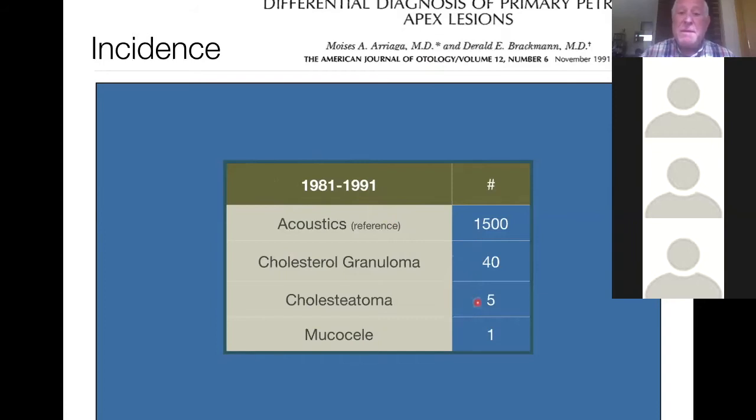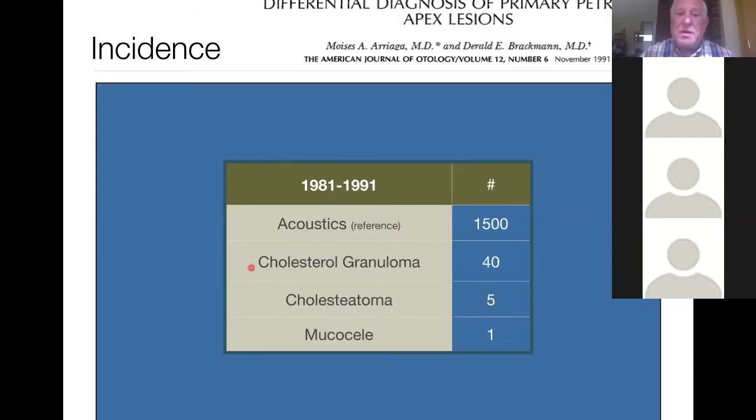Cholesteatoma of the Petrous apex, they only saw 5 of them in a 10-year period. That's 1 every 2 years. And a mucocele in only 1 case in 10 years of Petrous apex lesions. So you can see that in comparison to acoustic neuromas, cholesterol granulomas are very rare.